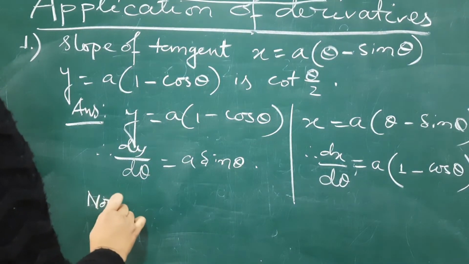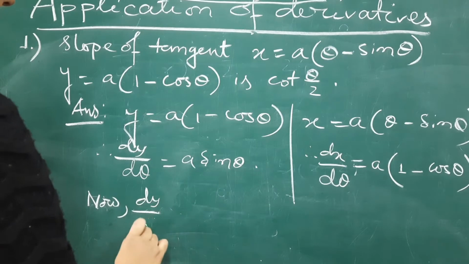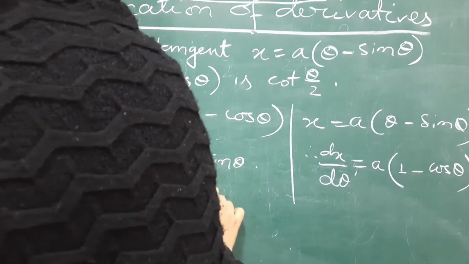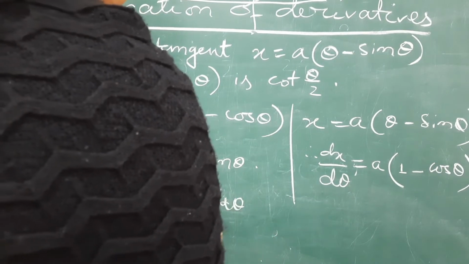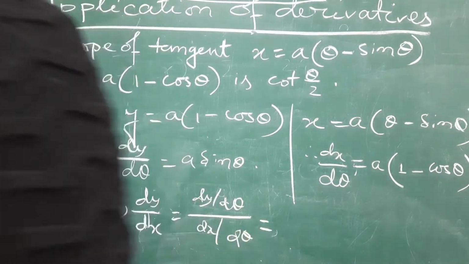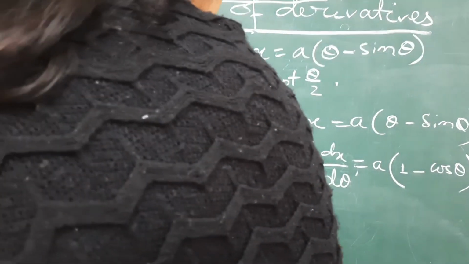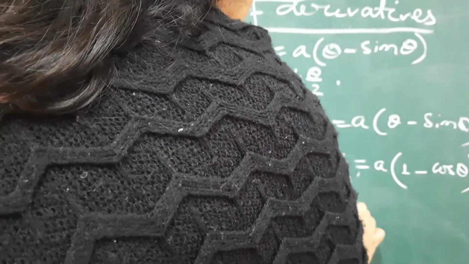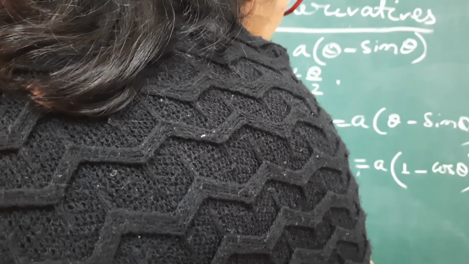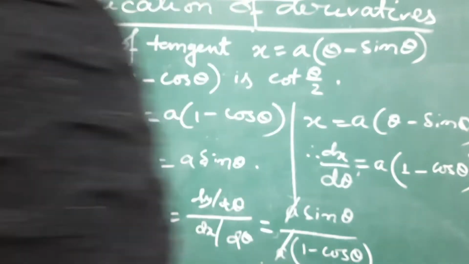Now dy/dx. What is that? It is dy/d theta divided by dx/d theta. So this will be a sin theta by a into 1 minus cos theta. So a will be cancelled.